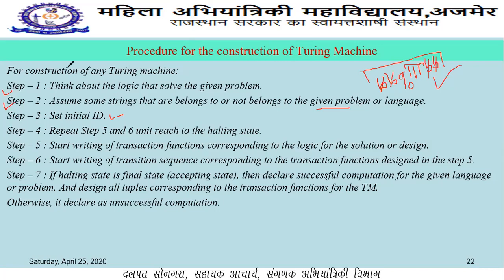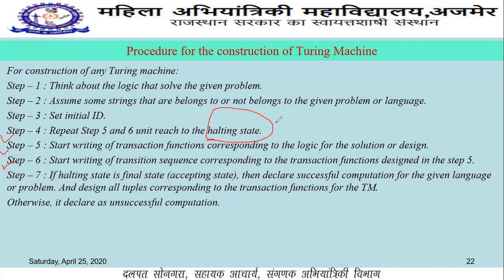So step 4 tells us to repeat step 5 and step 6 until we reach the halting state. Halting state is a state at which we don't find any suitable further transition to move in a Turing machine.